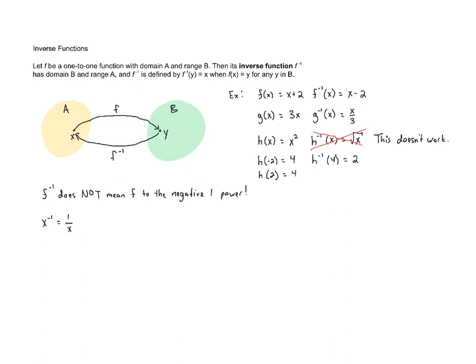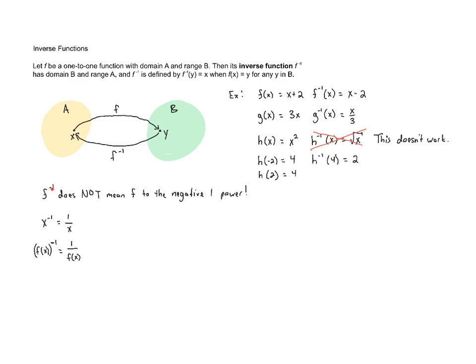But if we wanted to have 1 over f of x, what we would need to do is take f of x, put the whole thing in parentheses, and put a -1 on top of it. This is an exponent of -1. This also counts as an exponent of -1.